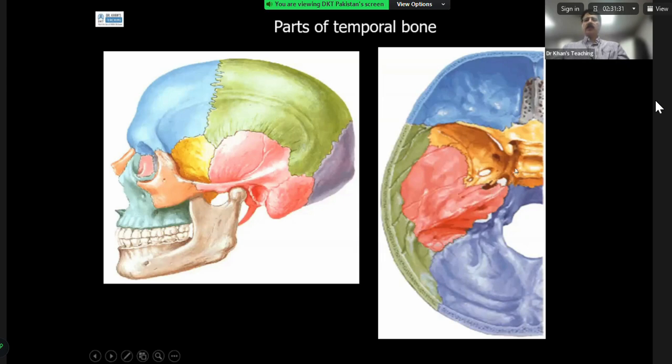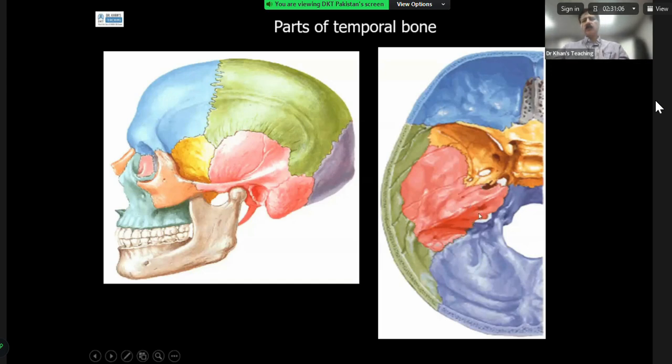It is hidden within the petrous temporal bone in the carotid canal. It passes like this, and then goes here into the cavernous sinus. So coming back to the petrous temporal bone, you have to concentrate. This is our main subject today.